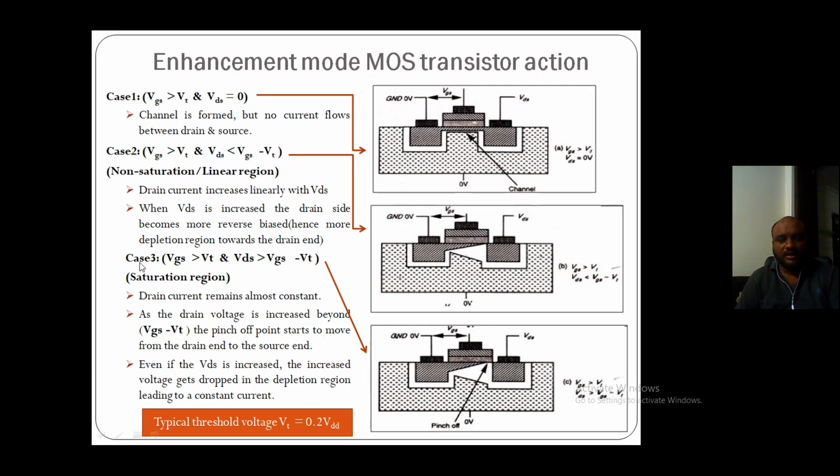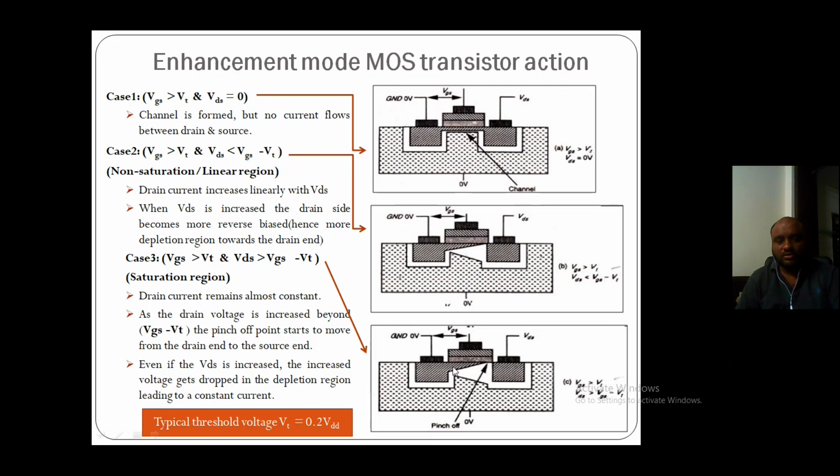Case 3 refers to VGS greater than VT, that is the minimum voltage required to form the channel. And here VDS, the applied voltage at the drain side, is greater than the effective voltage at the source side. So in this condition, we call this the saturation region. In this condition, the drain current remains almost constant.